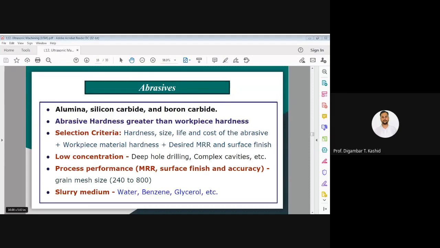Now, in abrasive jet machining or abrasive water jet machining or ultrasonic machining, the same abrasives are normally used. Due to that, I have covered that first point in abrasive water jet machining, where we can use the different abrasives. So there I have explained it for ultrasonic machining.